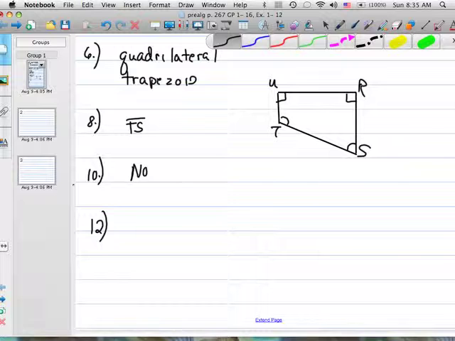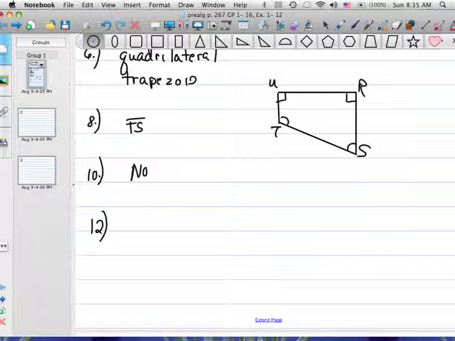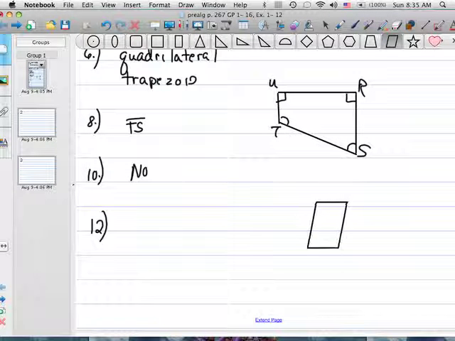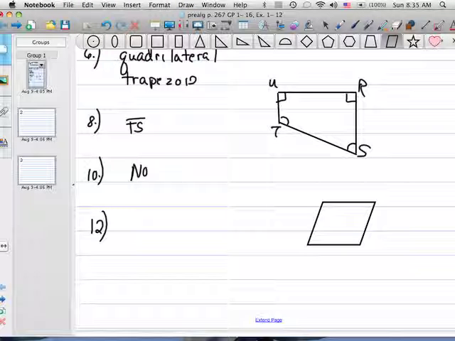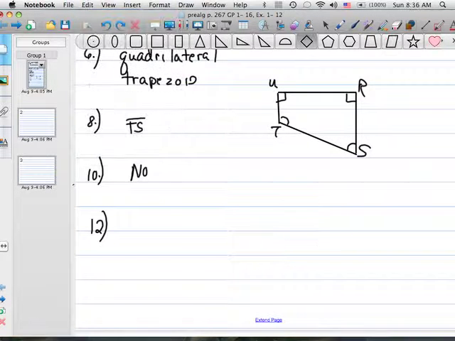In the figure at the right, JKLM is a rhombus. Find each measure. Well, we're going to go ahead and put in the angles.